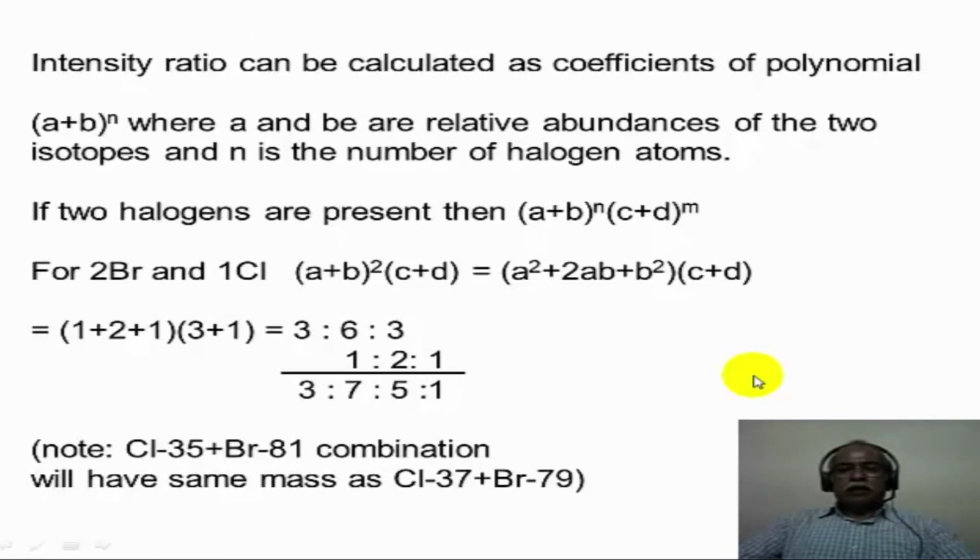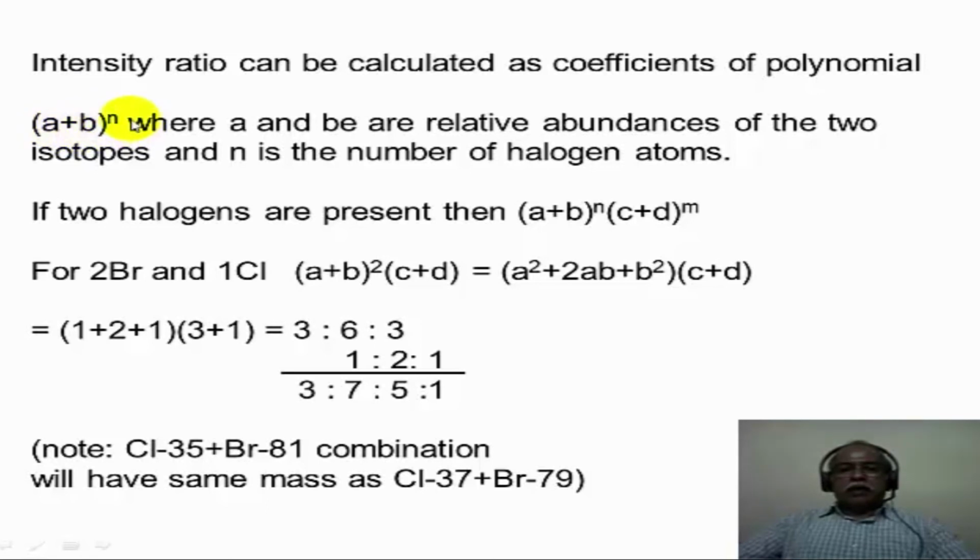Let us have a look at this. The intensity ratios of the isotope peaks can be easily calculated, which is essentially the coefficients of a binomial, shown here. Let us say, for example, you have chlorine-35 and chlorine-37. A corresponds to the abundance of chlorine-35 and B corresponds to the abundance of chlorine-37.